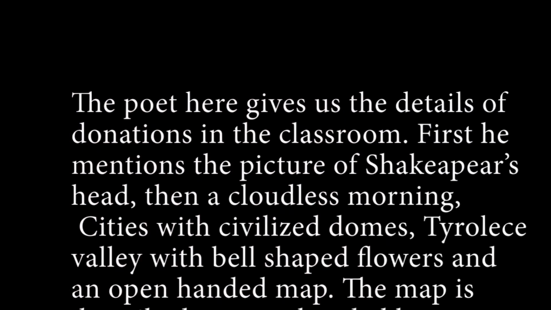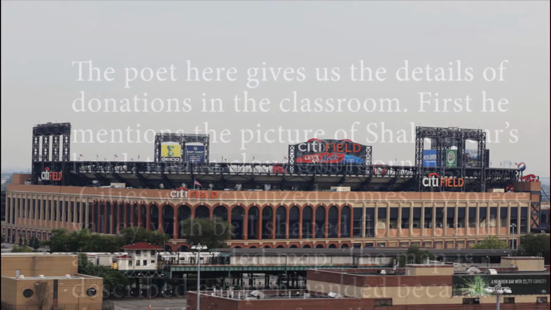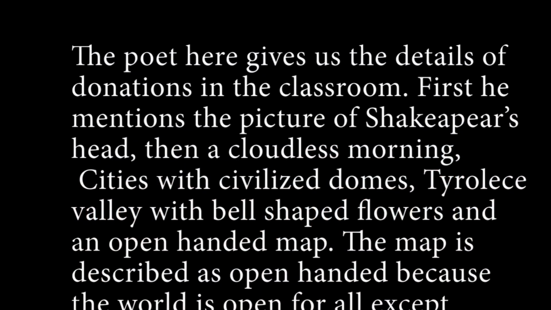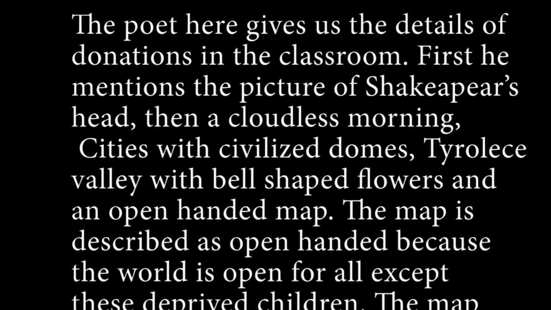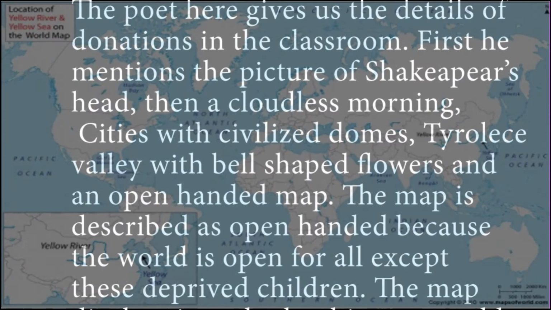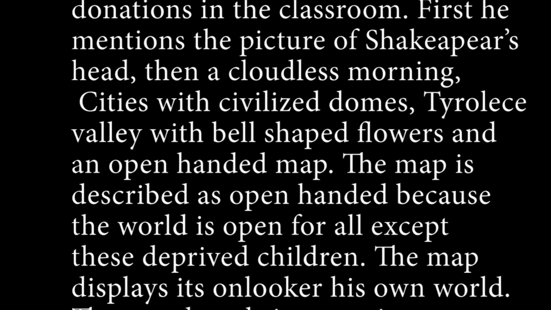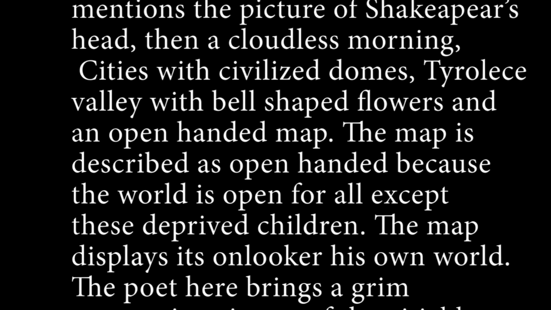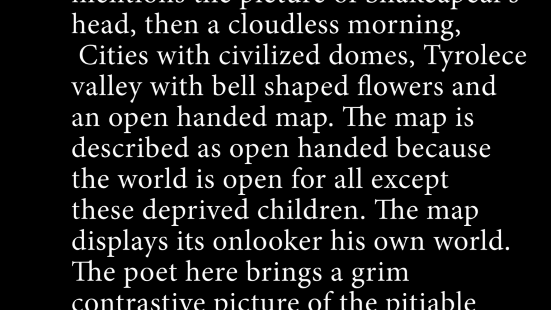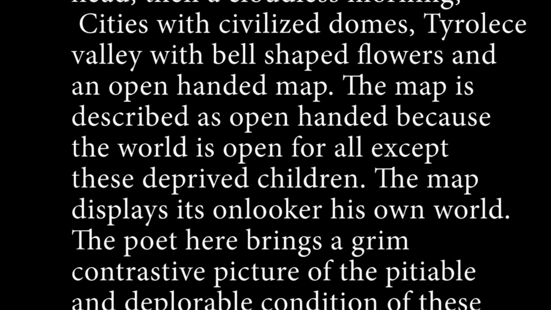Then a cloudless morning, cities with civilized domes, Tyrolese valley with bell-shaped flowers, and an open-handed map. The map is described as open-handed because the world is open for all except these deprived children.